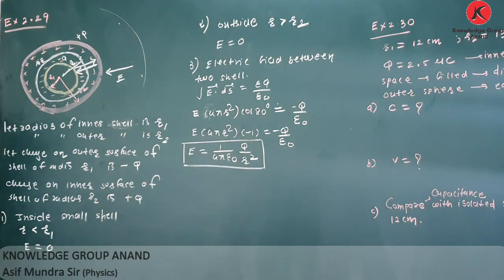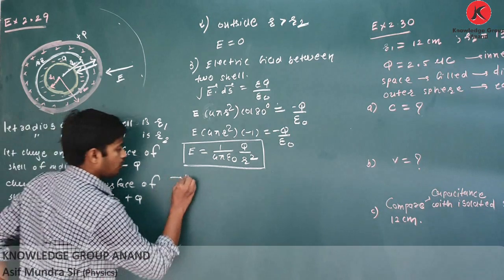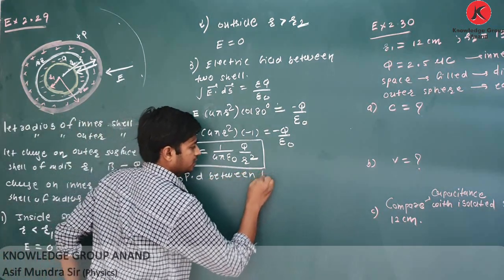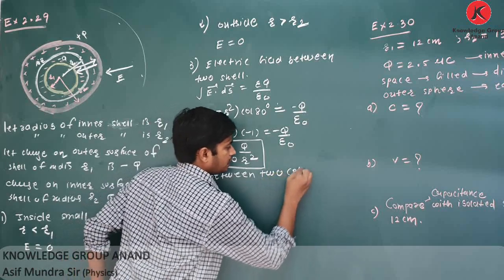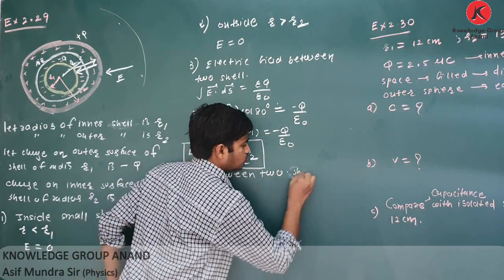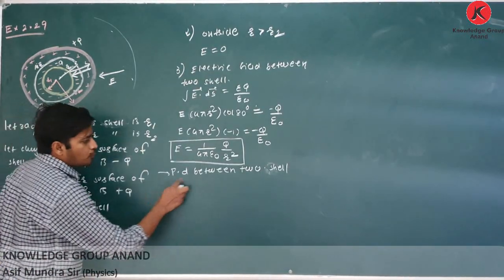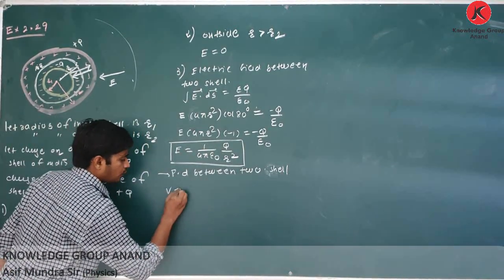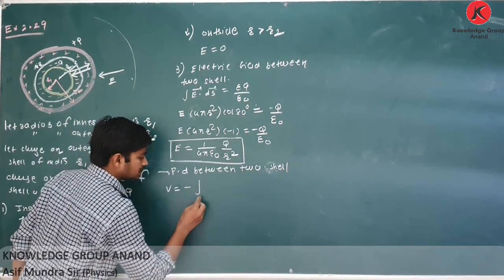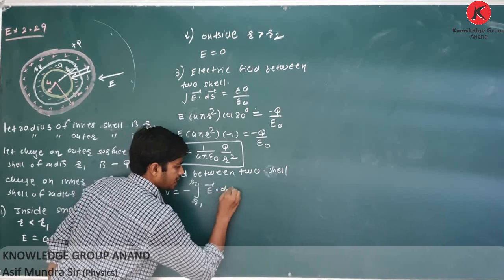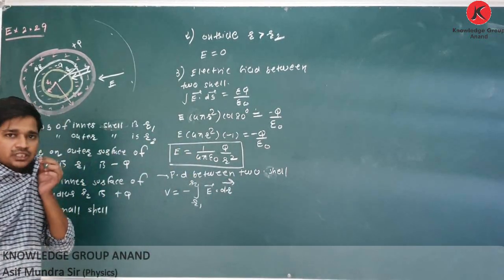Now how to find potential difference between two shells? Potential difference V is equal to minus integration R1 to R2 E dot dr. We know this equation.